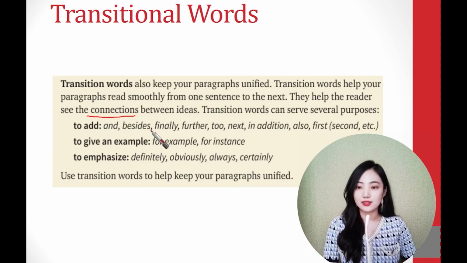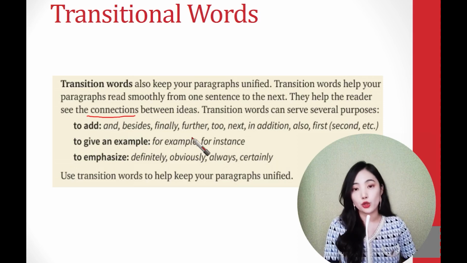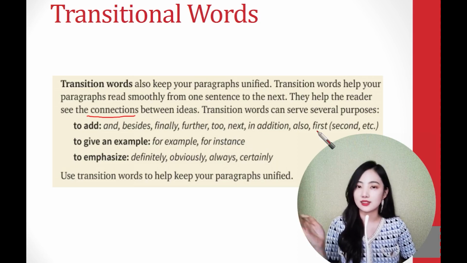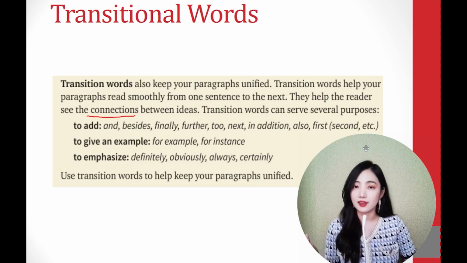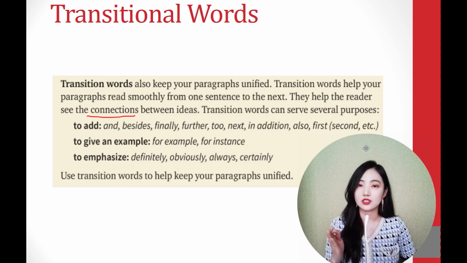So here you can say and, besides, finally, further, next, in addition, also, first, second, and so on. When you're introducing or adding a new idea, you can say besides, next, additionally, in addition. You can use those transitional words to make a good connection.